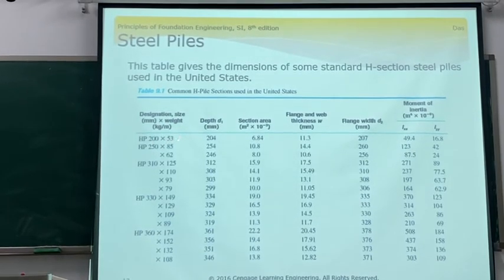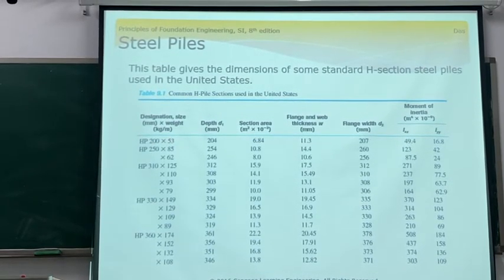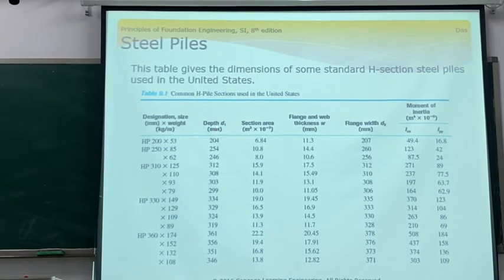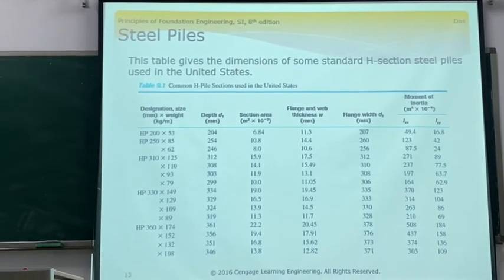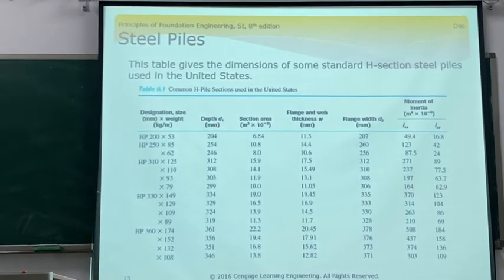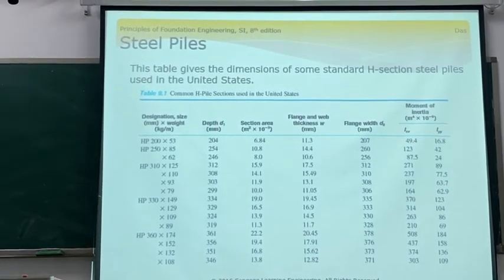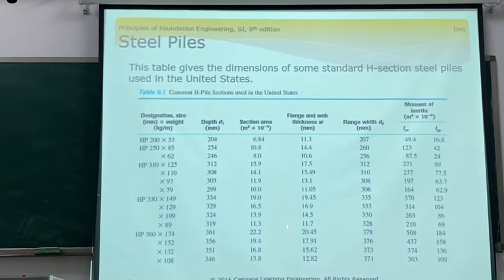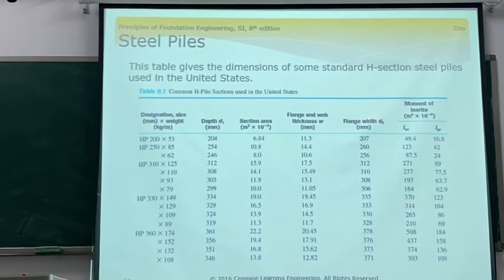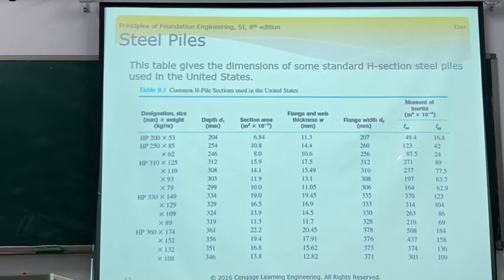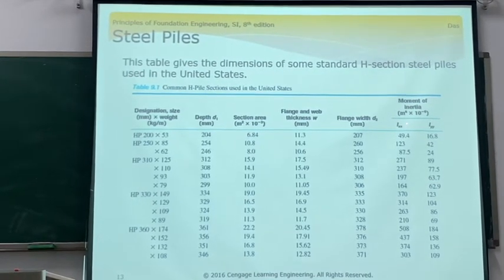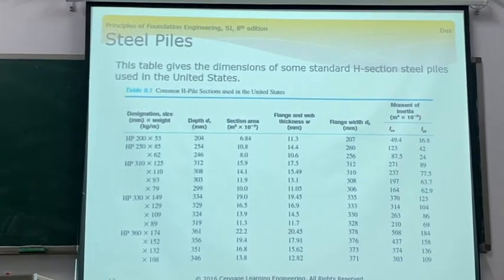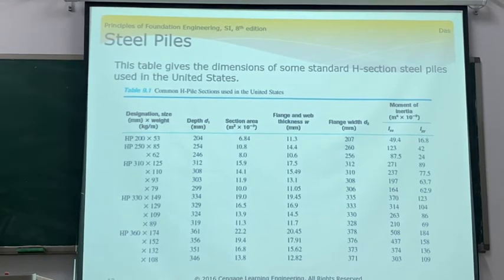Weight is 33. So depth, depth of the section, flange and web thickness, maybe like this. The moment of inertia, X, Y, this is section H.